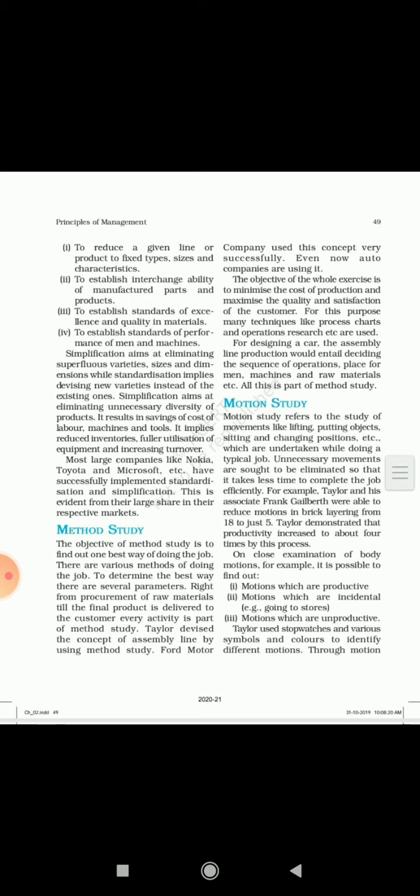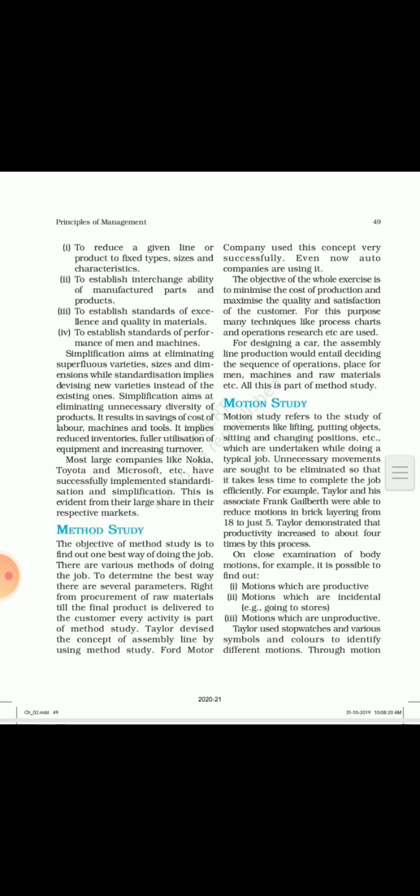To conduct motion study, Taylor suggests to observe an average worker when he is doing the job and note down all the movements he is making: how many times he is getting up from his place, how many times he is doing the work, and how many times he is not doing productive work.